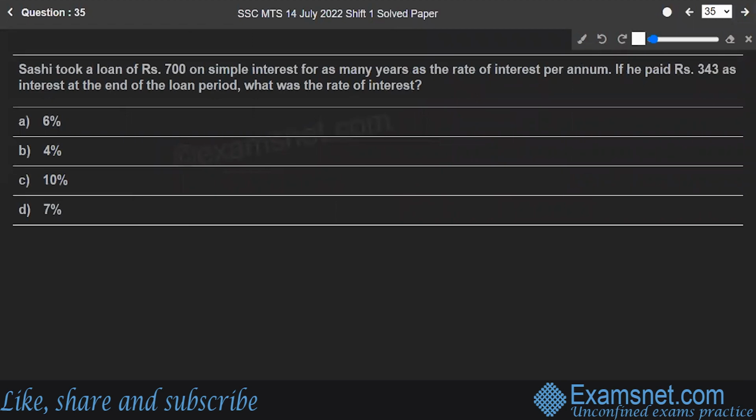It says Sashi took a loan of 700 rupees on simple interest for as many years as the rate of interest per annum. If he paid 343 rupees as interest at the end of the loan period, what was the rate of interest? Is it 6%, 4%, 10%, or 7%? First of all, what is the loan amount? 700, right?